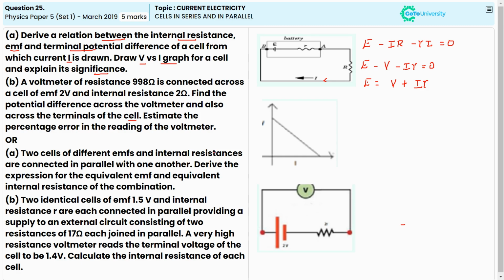Now we know that V is equal to E minus IR. Then substitute the values. It is 998 times I is equal to 2 minus 2I.